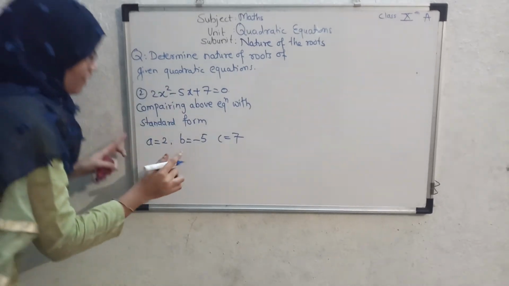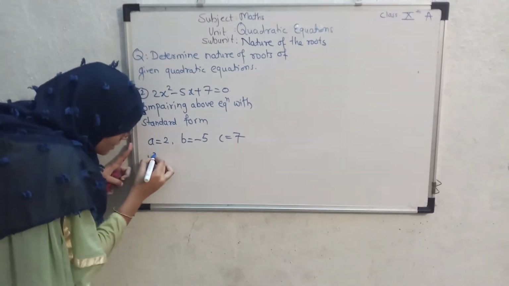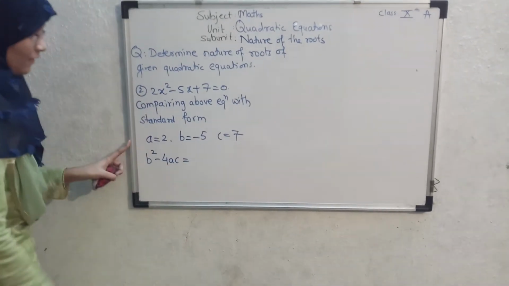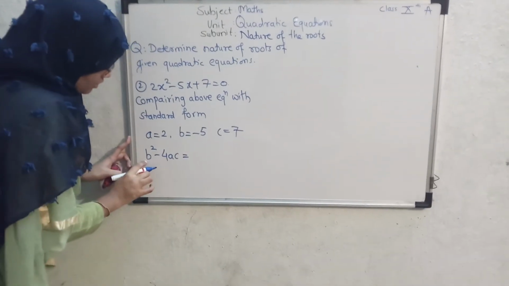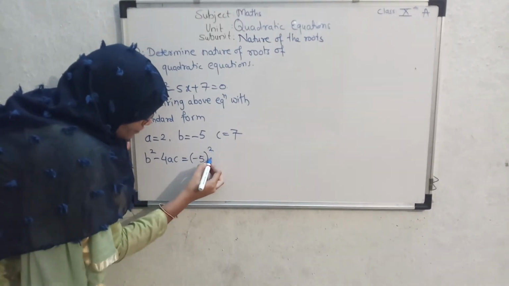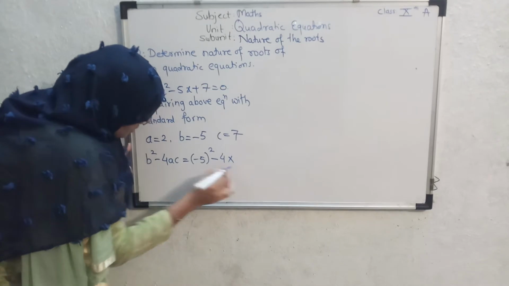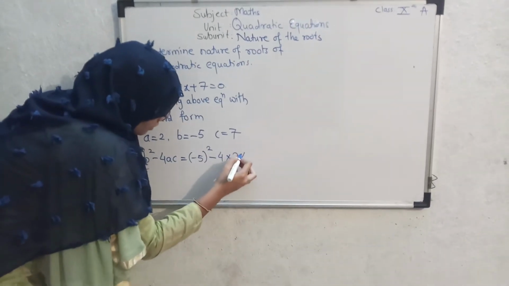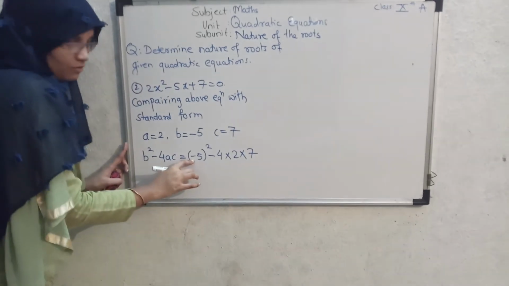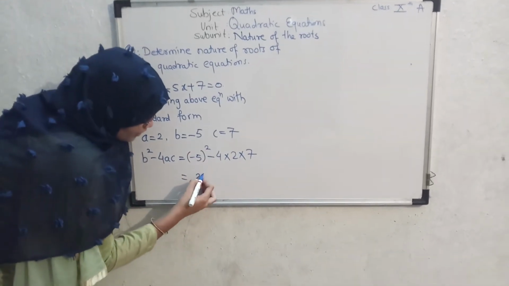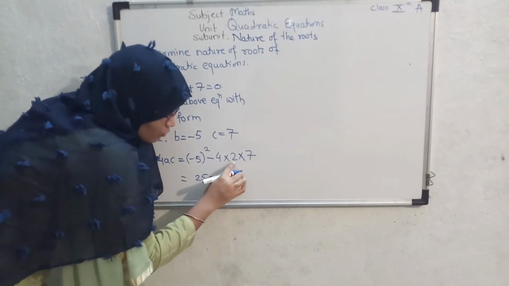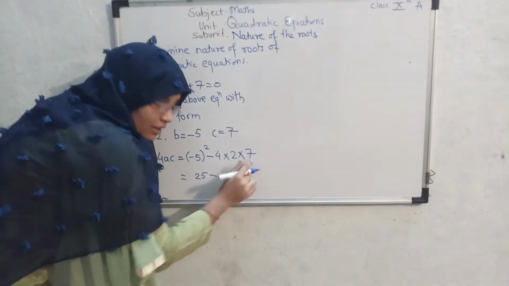Therefore first calculate the value of discriminant, that is b square minus 4ac. b is minus 5, b square is therefore minus 5 square, minus 4 as it is, our a is 2, into the value of c is 7. Minus 5 square is 25, the square of minus is plus. Minus 4 2s are 8, and 8 7s are 56.